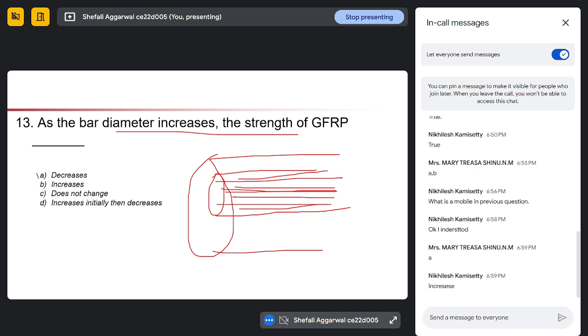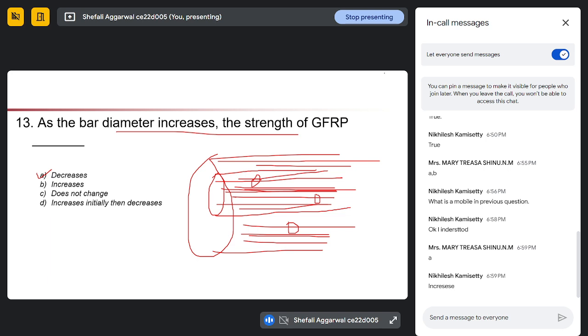The strength will decrease. How it is decreasing is, if you increase the bar diameter, the fibers or the polymer chains, there are chances of more weak points in your chain. Normally we are using these bars in the tensile area. So if you have more defects in your material with increase in diameter, these defects will be more prominent and your strength will decrease.